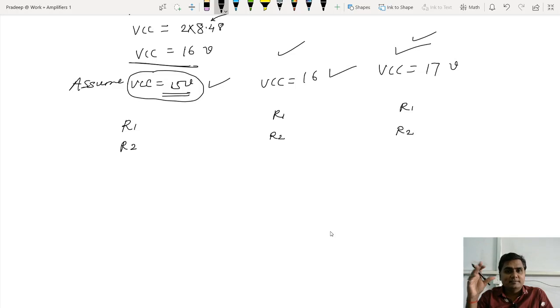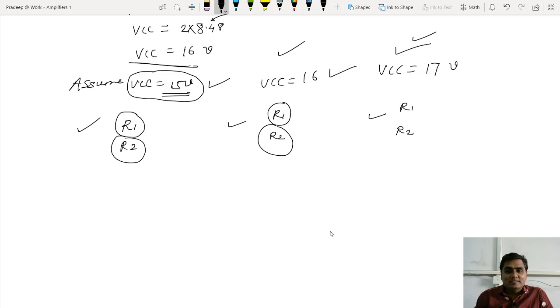If you have designed it and if you give me your assignment or your design problem to check, then I will say this is right, this is also right, and this is also right. I will not check the values of R1 and R2. What I will check is the proportion of R1 and R2. No matter what is the value of R1 and what is the value of R2, I will check the proportion.